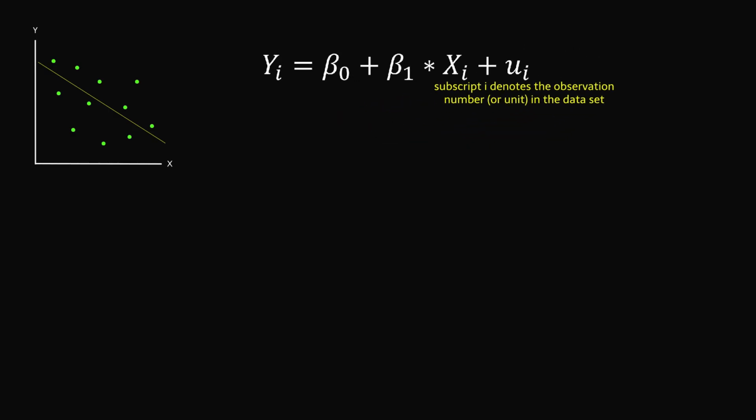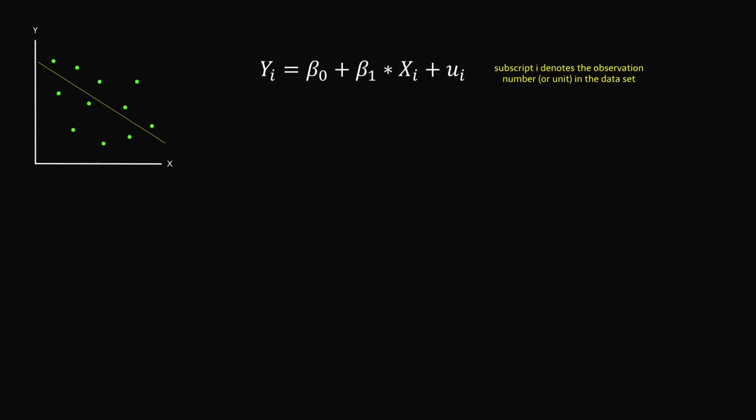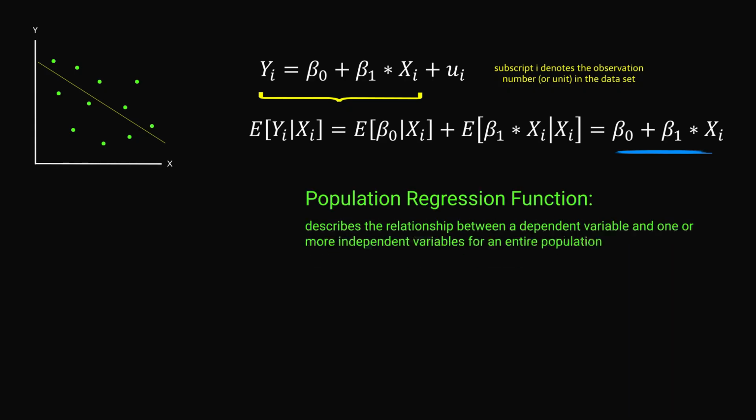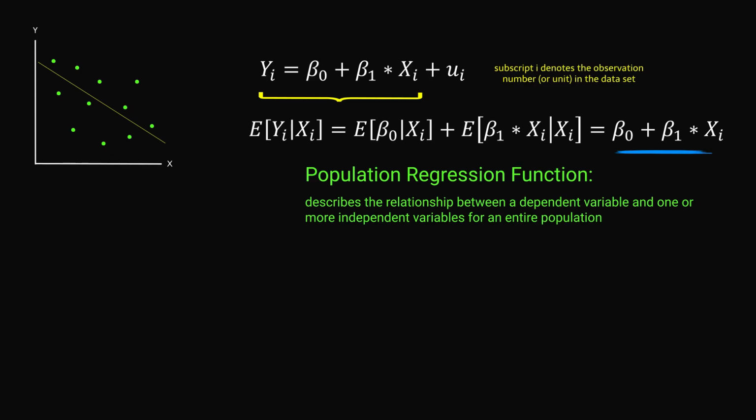If we take the conditional expectation given xi on the first part of the model, we obtain the population regression function. The expected value of yi conditional on xi equals beta 0 plus beta 1 times xi. This describes the true relationship between x and y across the entire population.